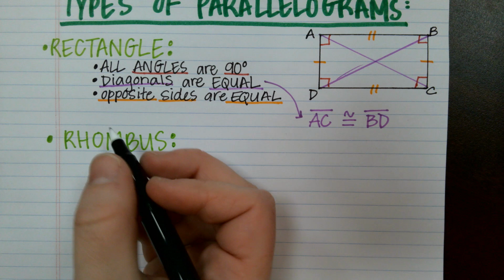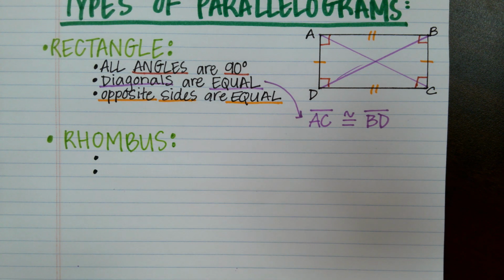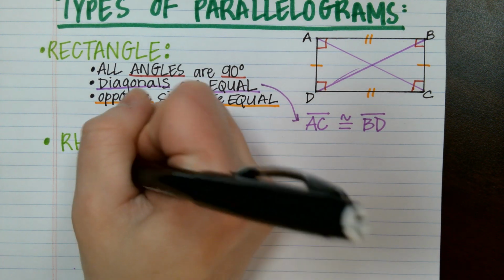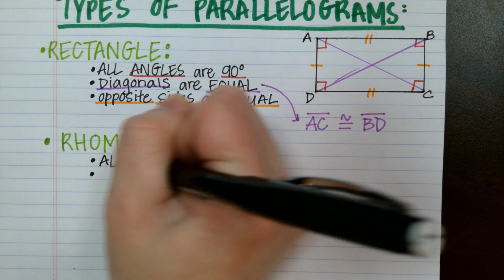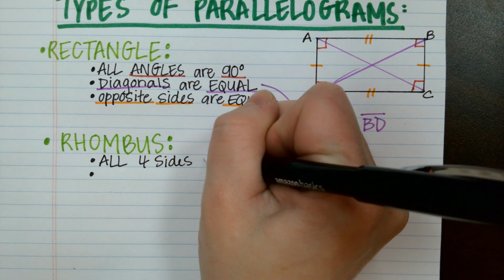We have two main requirements. First of all, it does follow all the parallelogram requirements, but we also know that all four sides are equal.